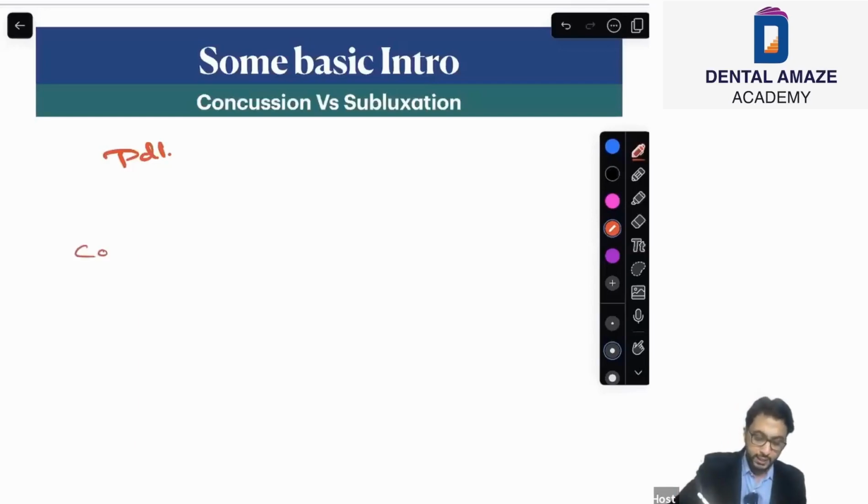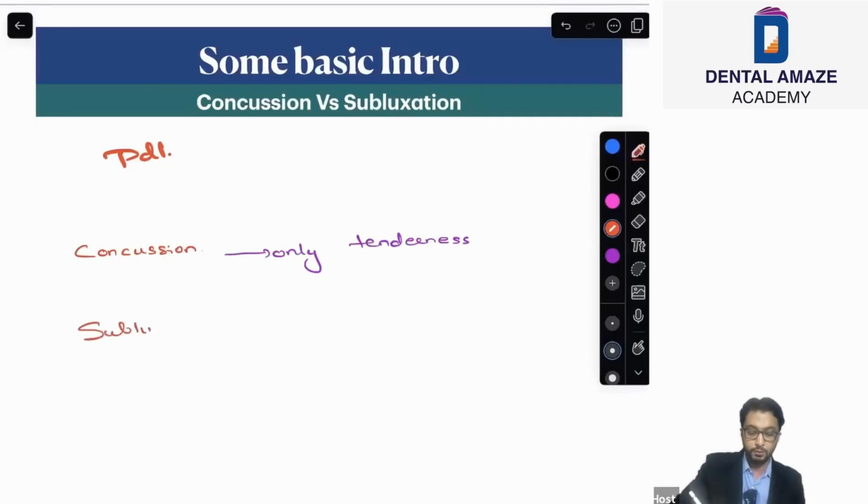The major difference which you have to understand: in concussion, please note, there is only tenderness. Only tenderness is seen. When it comes to subluxation, clinically, when you see the patient's teeth, maybe you'll see bleeding from the sulcus.